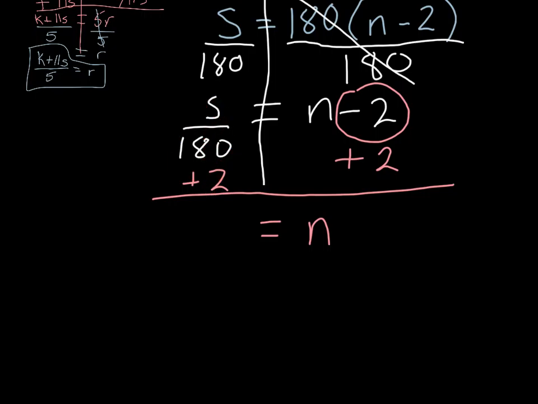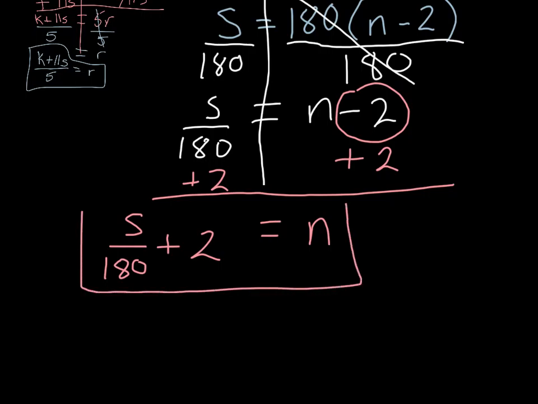These cannot be combined, so we just leave it the way it is or list it out like an expression. So I'm going to put s divided by 180, and then add 2. This is going to be our final answer right there. I have solved for n, or isolated the equation for the variable n.